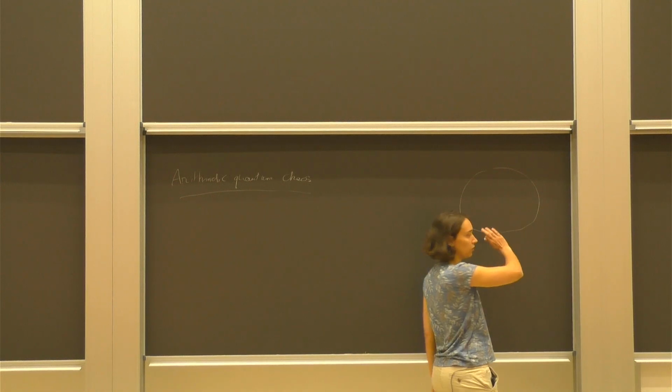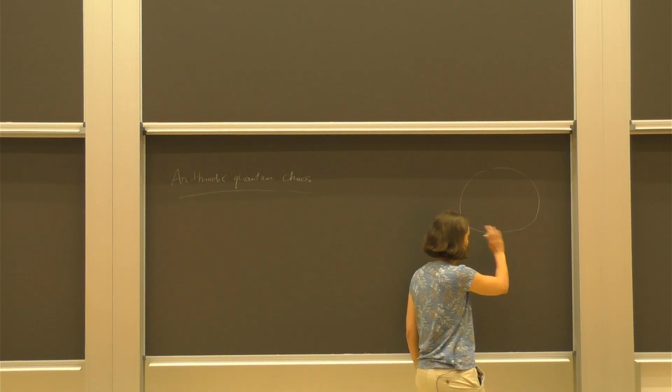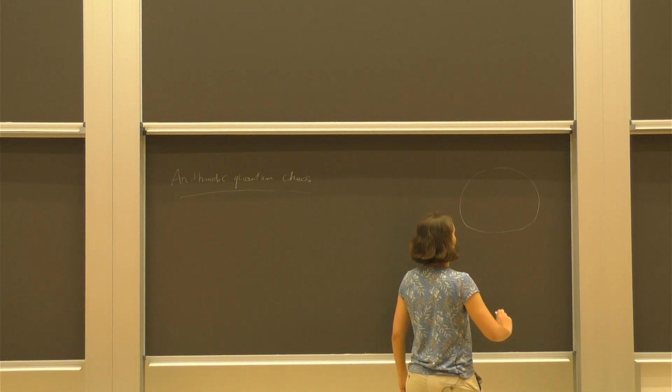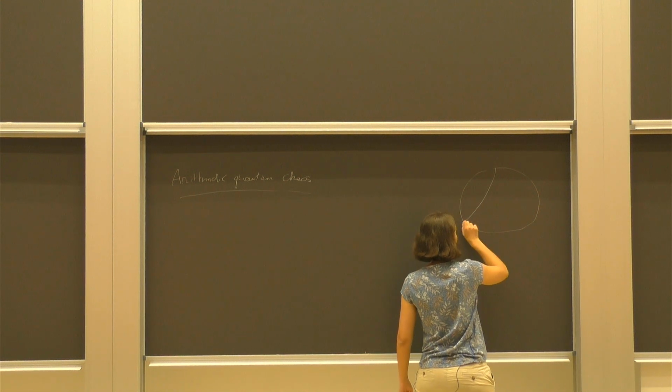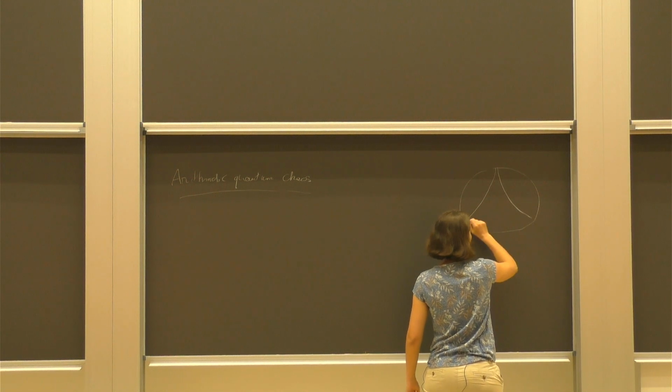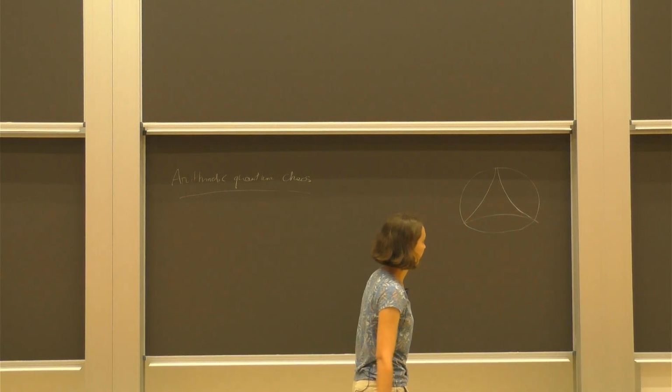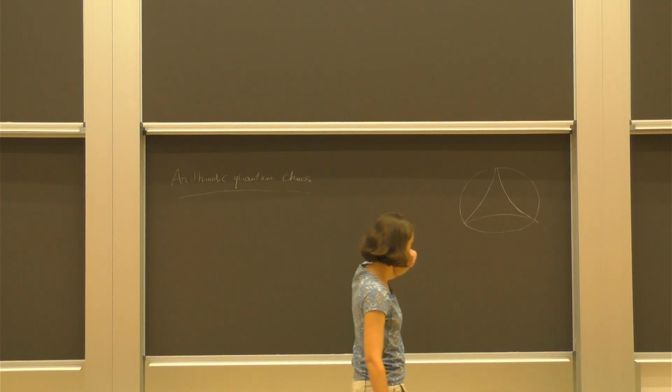So consider, for example, the Poincaré disk, which is one of the representations of a two-dimensional hyperbolic space. Say I consider the equilateral triangle on this space, which touches at infinity.